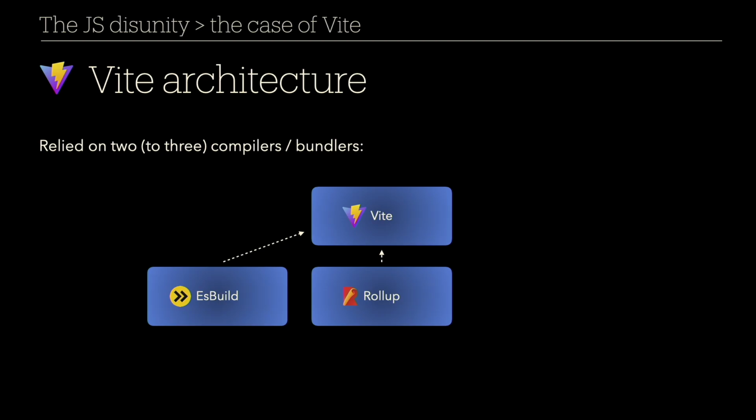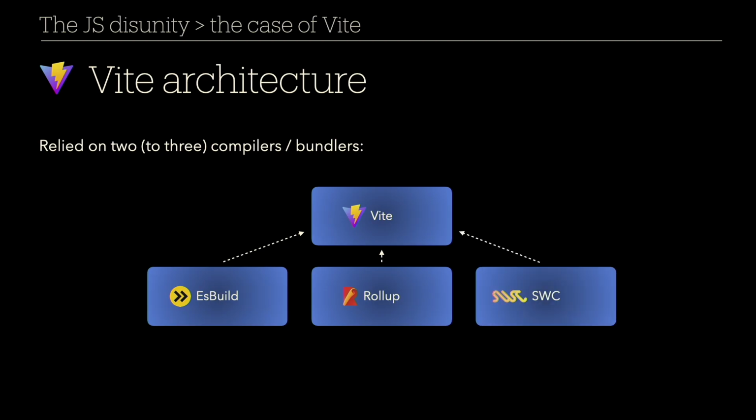So Vite is built on 2 different bundlers, ESBuild and Rollup, and even actually a third one for React, SWC. Does anyone have an idea why? Just a question. No? Yeah? I don't know in English how it is called, the JSX.